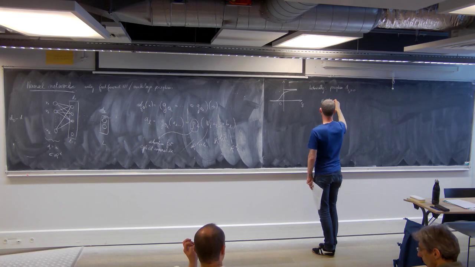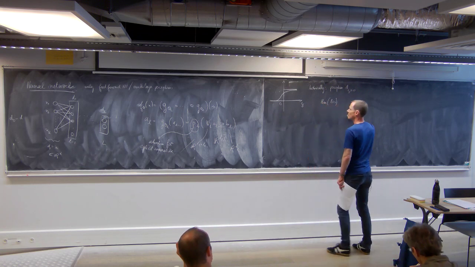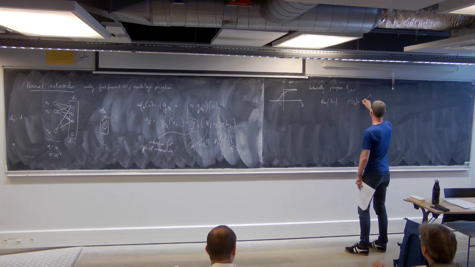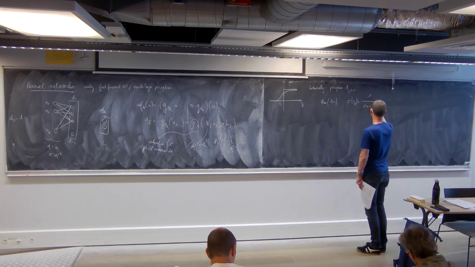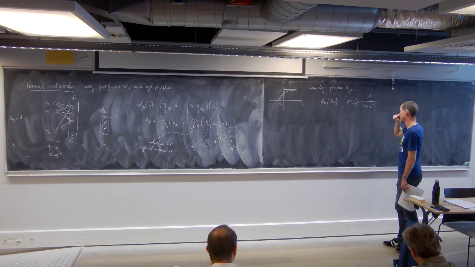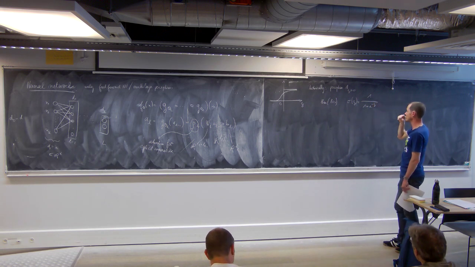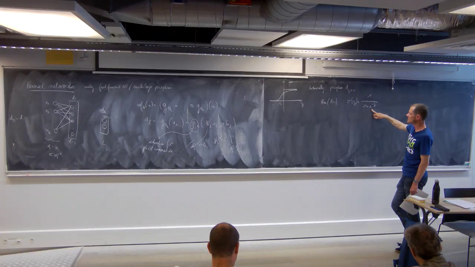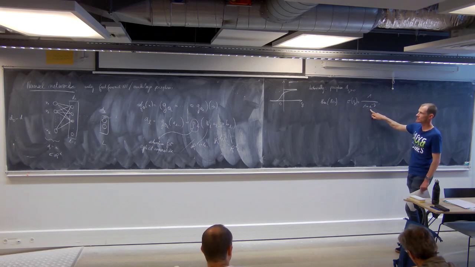Then in the 80s you had the sigmoid function, which would be 1 over 1 plus exponential of minus z. That's something that starts from 0, because when z goes to minus infinity, the exponential goes to plus infinity, so sigma goes to 0.